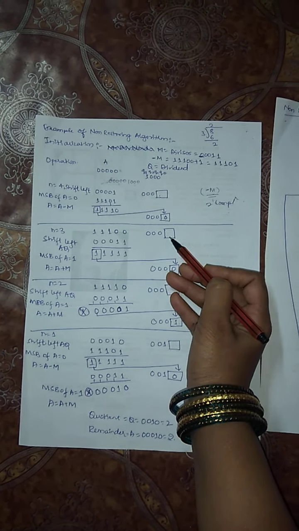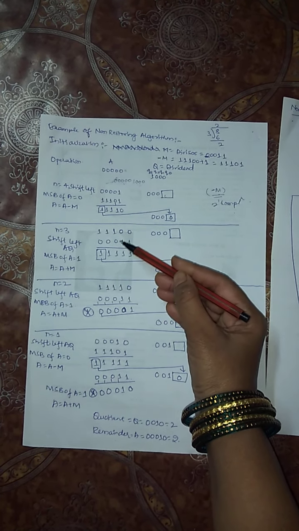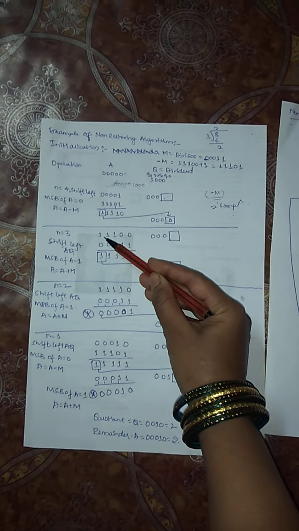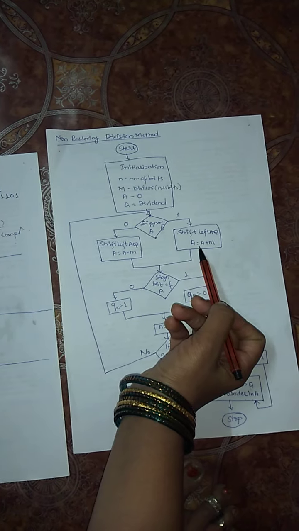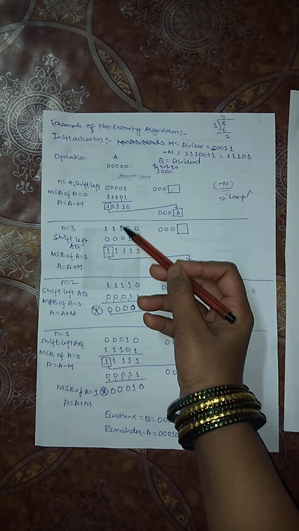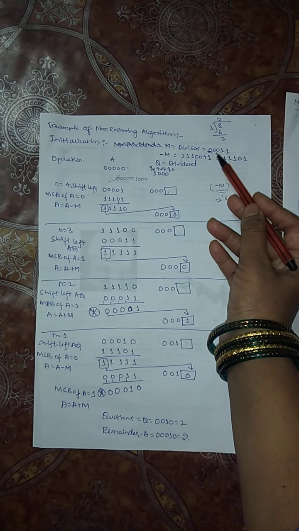Next, check the value of MSB of A. What is the MSB of A? MSB of A is equal to 1. When MSB of A is equal to 1, what are we doing? A is equal to A plus M. What is the value of M? The value of M is 00011.